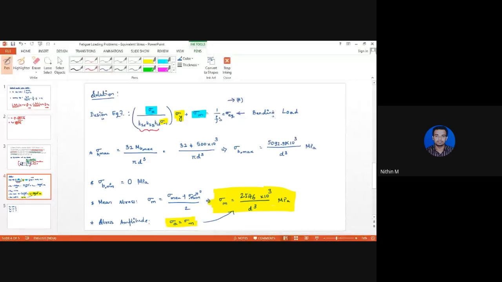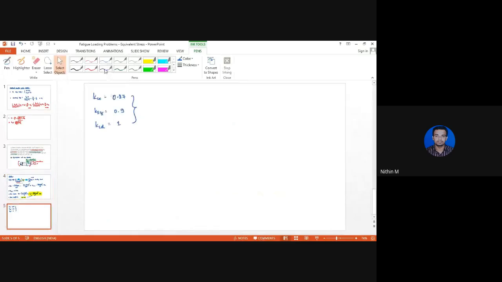So here, for the time being, let us keep aside 1 by factor of safety. Leave the 1 by factor of safety, in the sense that you keep it aside, substitute this and tell me the value of sigma eq. What will be the value of sigma eq?